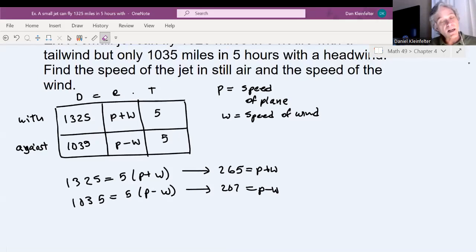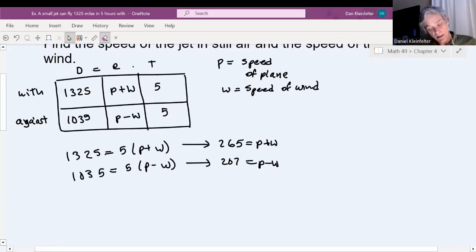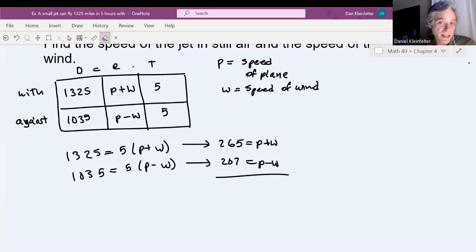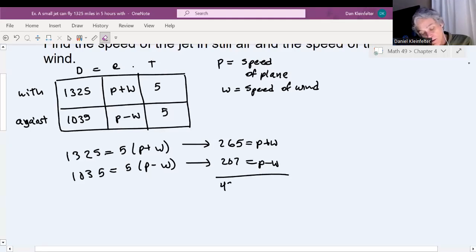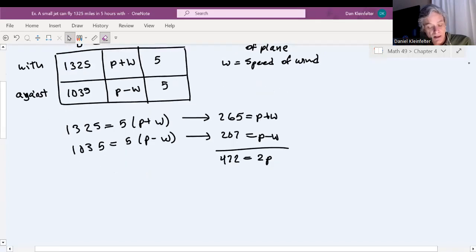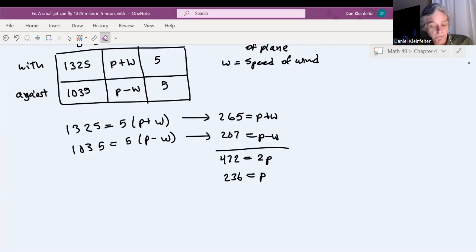And so now we'll want to add together these two equations so that the w's will vanish. 265 plus 207 is 472. That'll be 2p. And so dividing through by 2 will give us 236 for the speed of the plane.